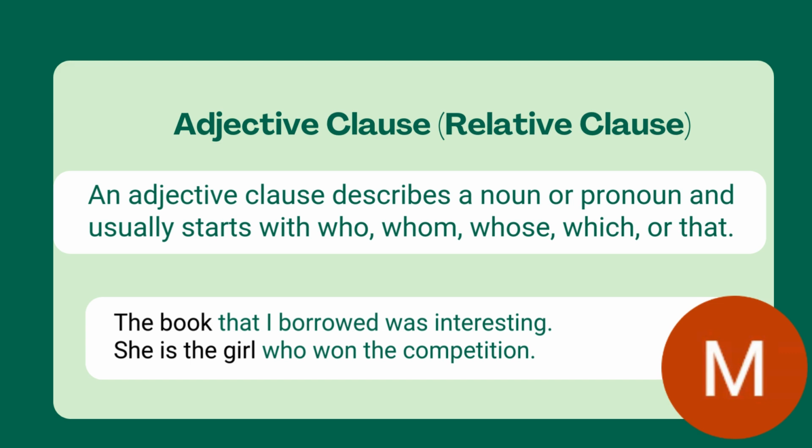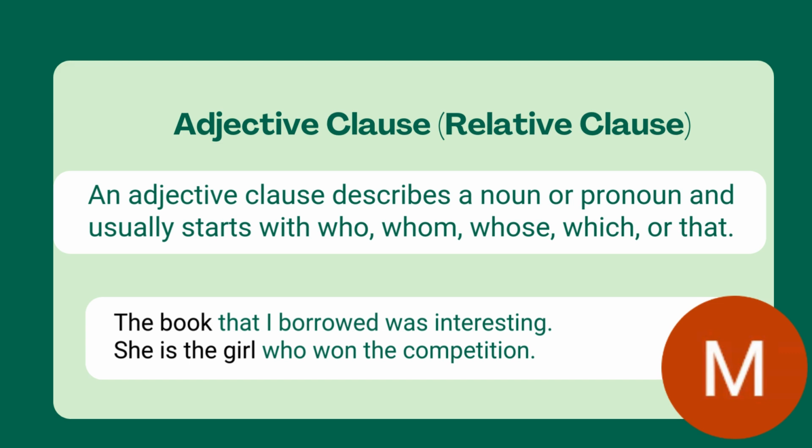Usually, an adjective clause will start with the word who, whom, whose, which, or that. Look at this example. The book that I borrowed was interesting. Which book? That I borrowed. Here, the adjective clause that I borrowed is defining the book.